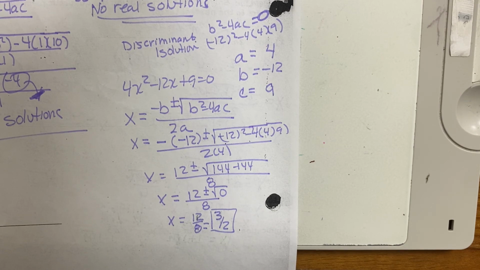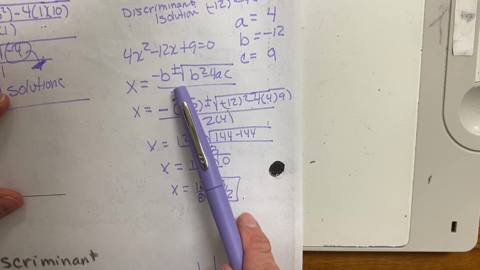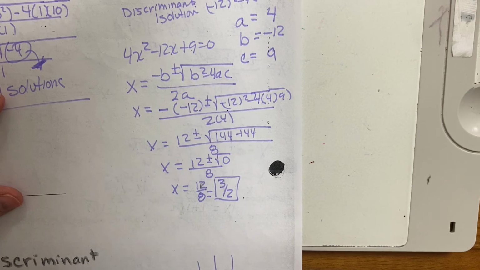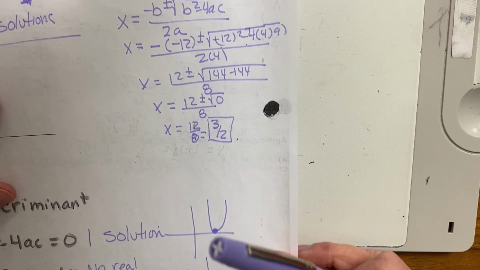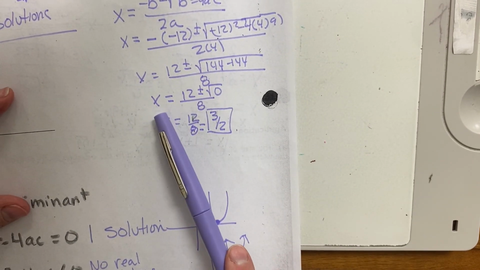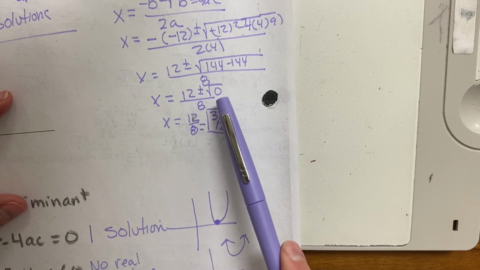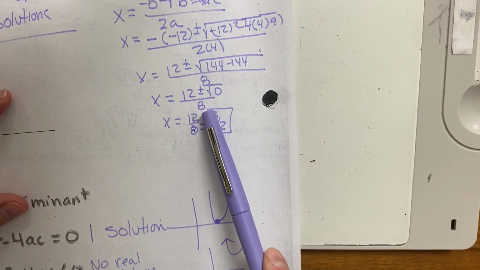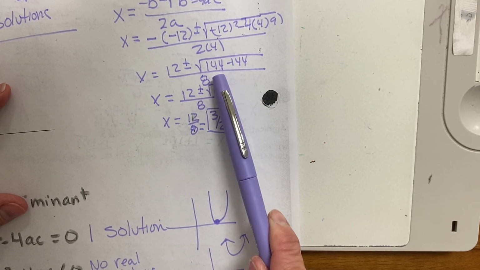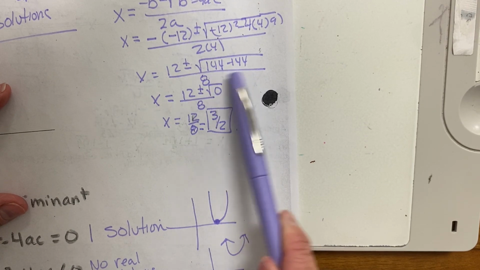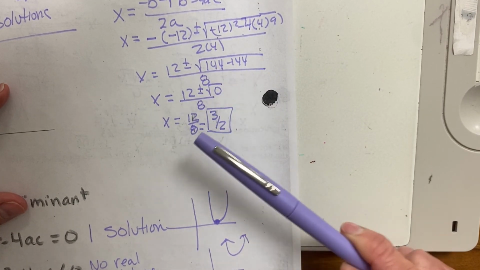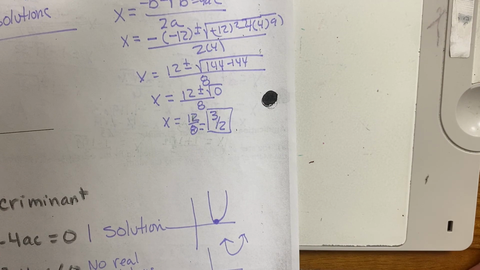So you go plug in your a, your b, and your c, and then you have x equals negative b plus or minus the square root of b squared minus 4ac. And then you're going to have x is equal to 12 plus or minus the square root of 0 over 8. Because you end up with 144 minus 144, which we already said was 0. And then x is equal to 3 halves.